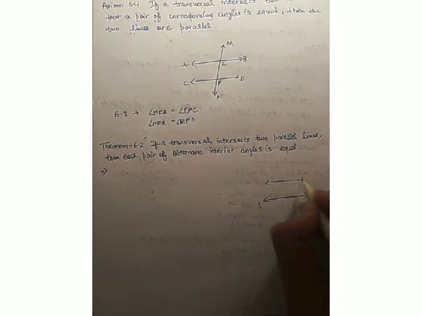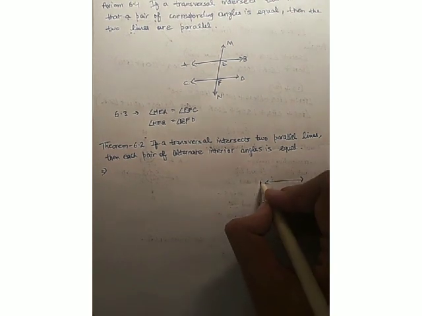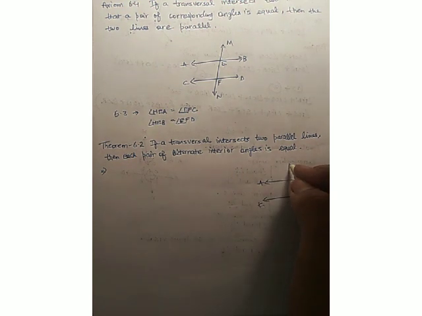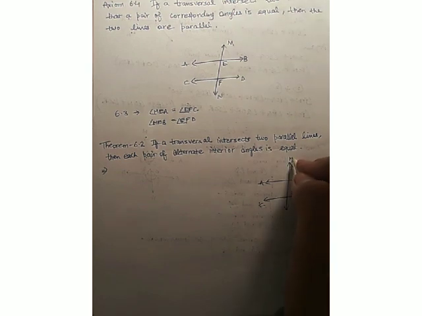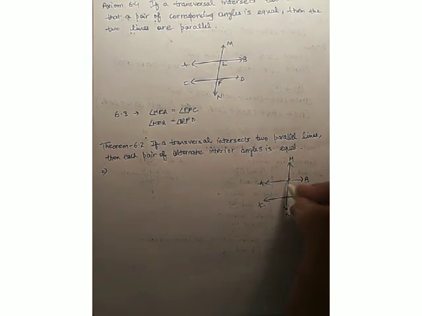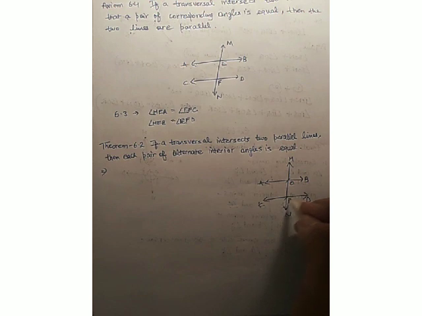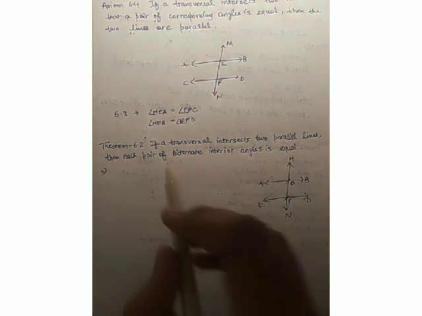Let's draw two parallel lines AB, CD. The transversal is intersecting them, so draw the transversal. Our transversal can be MN and the points of intersection can be O and P. So this is the diagram that is being stated in the first sentence. Then each pair of alternate interior angles is equal.